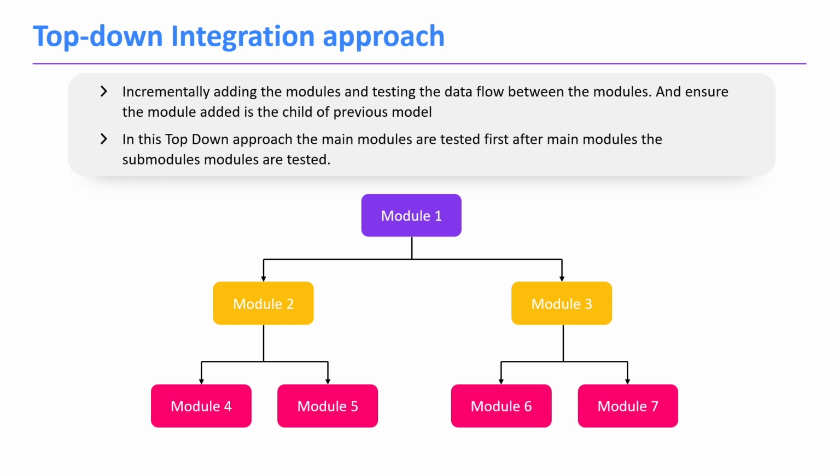The new modules we have developed should be children of the existing modules. Then we integrate modules 4, 5, 6 and 7 with the existing parent modules. Then we conduct testing to check the data flow between all the modules. Once all the modules are integrated, the testing is conducted in the top-down approach from the main module to sub-modules.